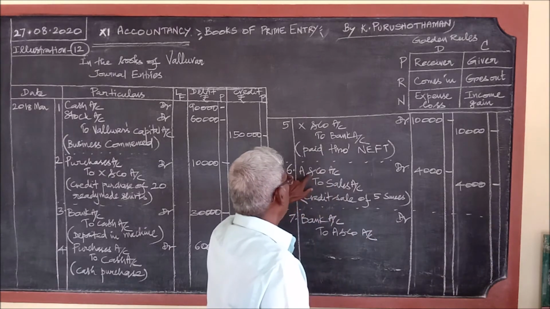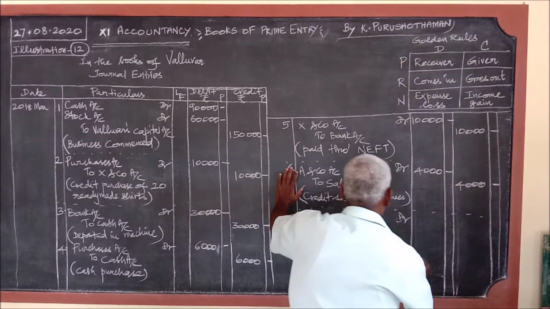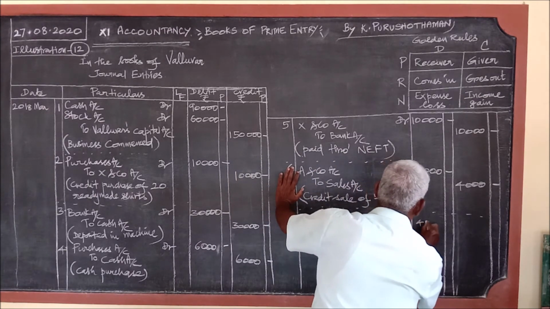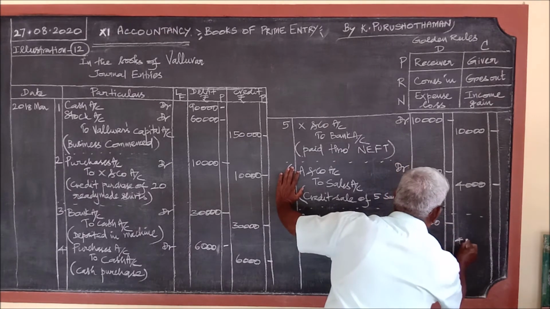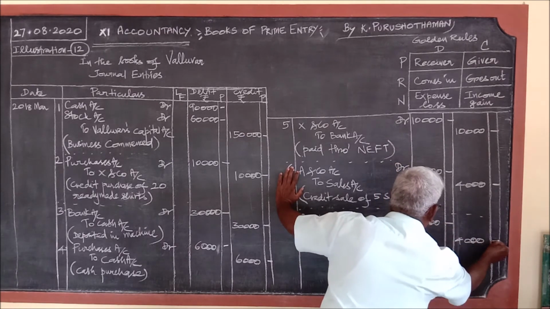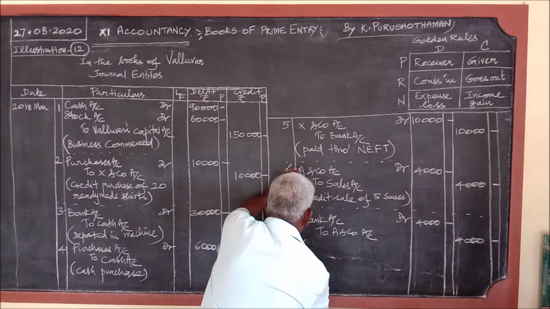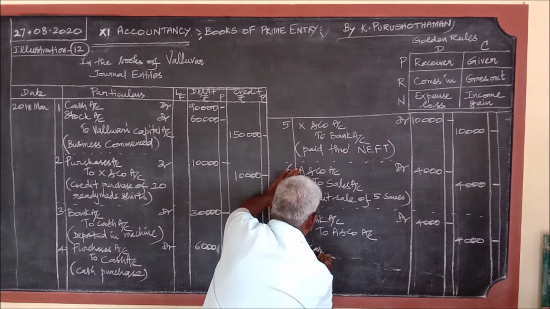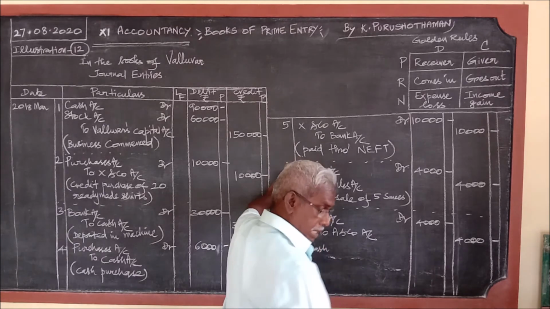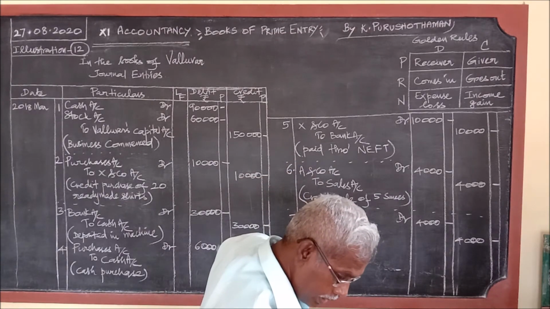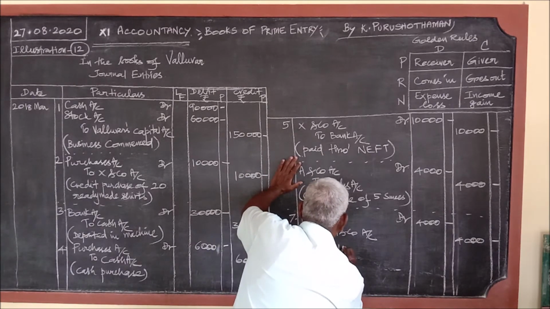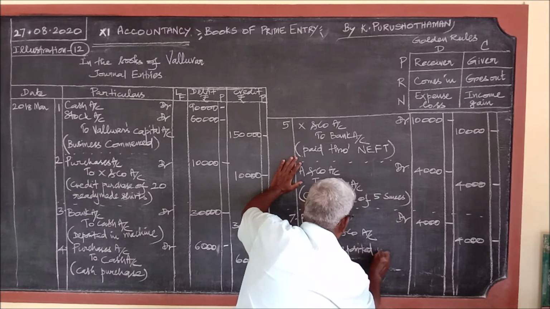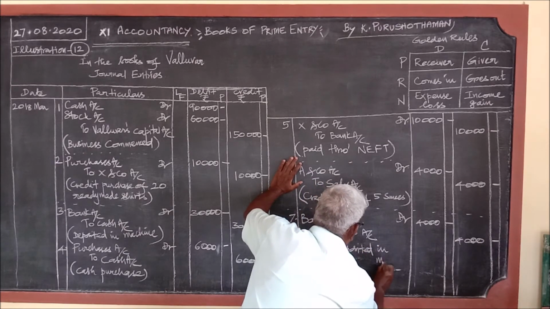What is the amount? This is 4,000 rupees. Narration: Cash deposited in machine.